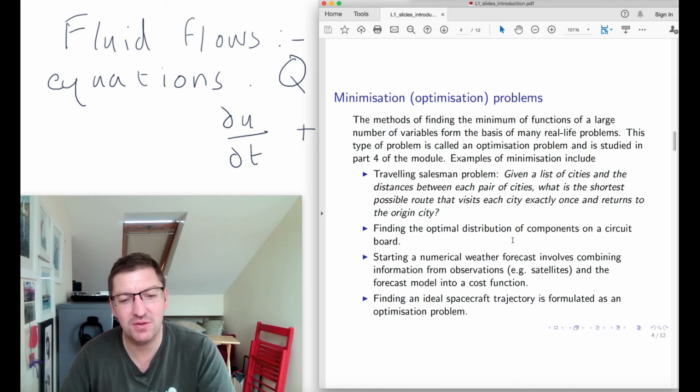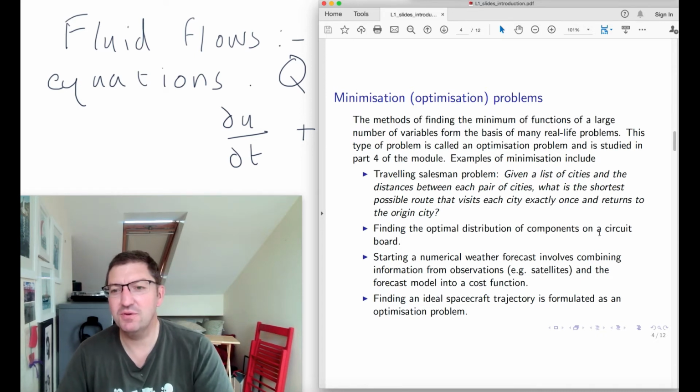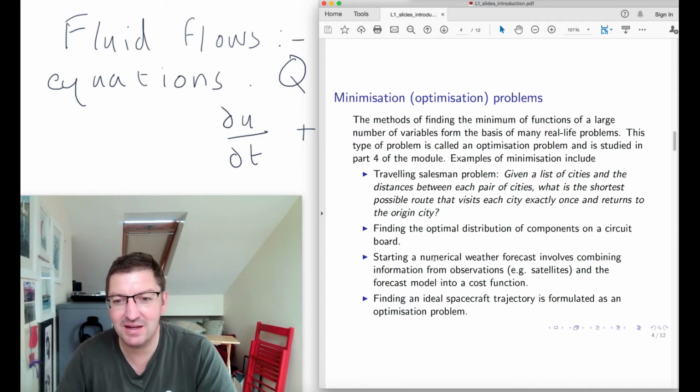You're trying to find, out of all the multiple route options, the one that minimizes the distance whilst visiting each city once. Another is finding the optimal distribution of components on a circuit board, very important for our phones, for example, so that they produce as little heat and are as small as possible.